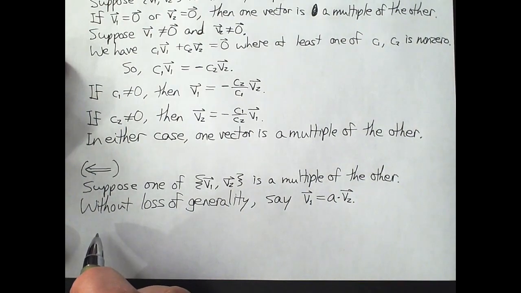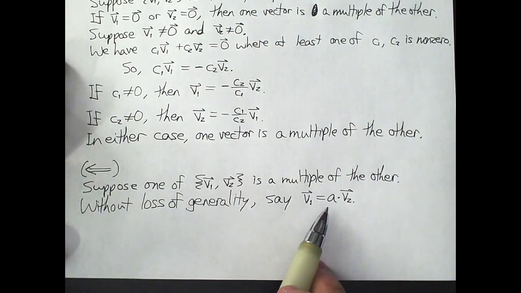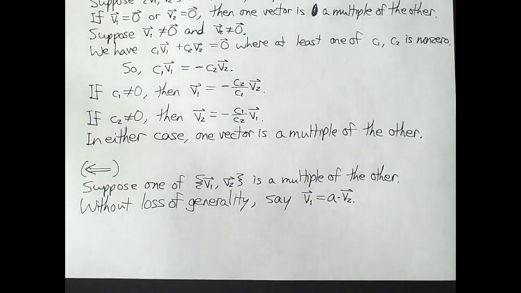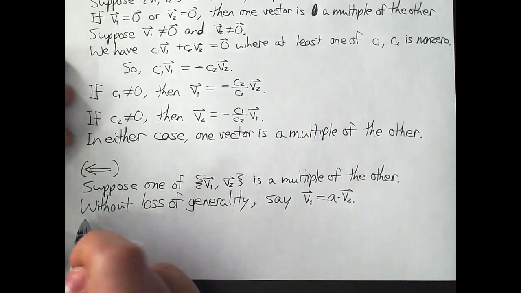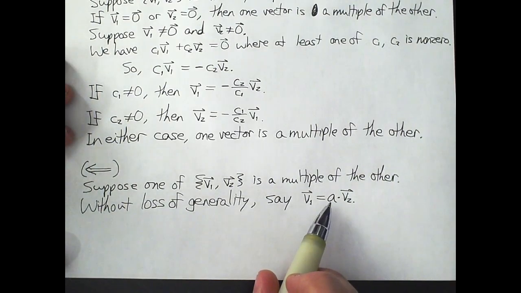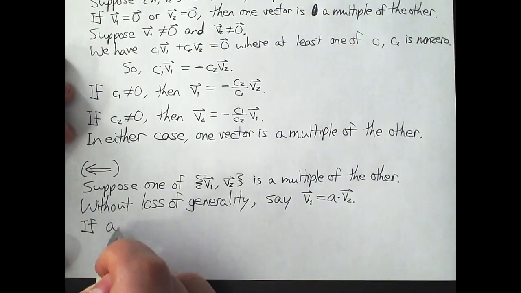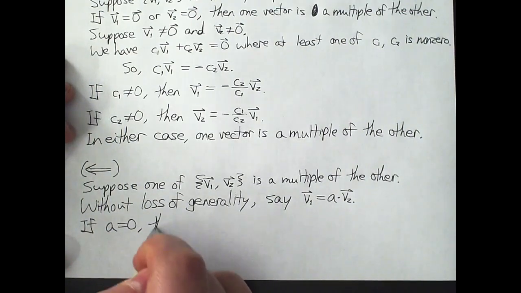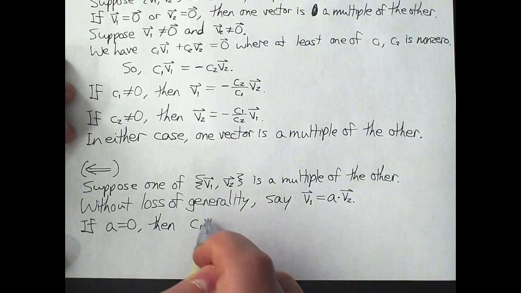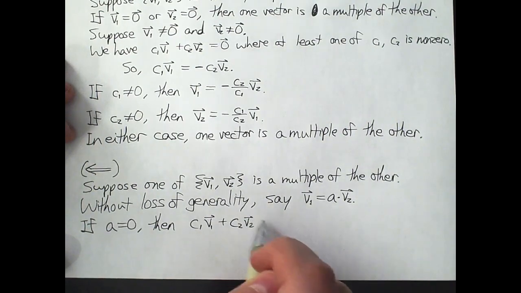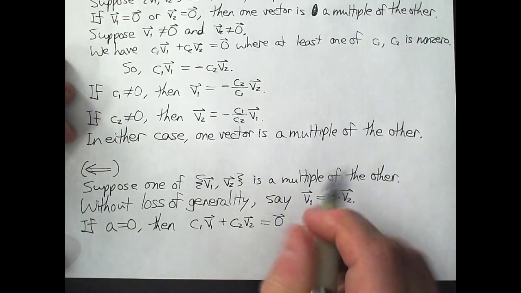All right, now, what do we know about this number A? We don't really know too much about it, right? Could A be 0? Does that count as a multiple? How about this? If A equals 0, then C1 V1 plus C2 V2 equals the 0 vector.